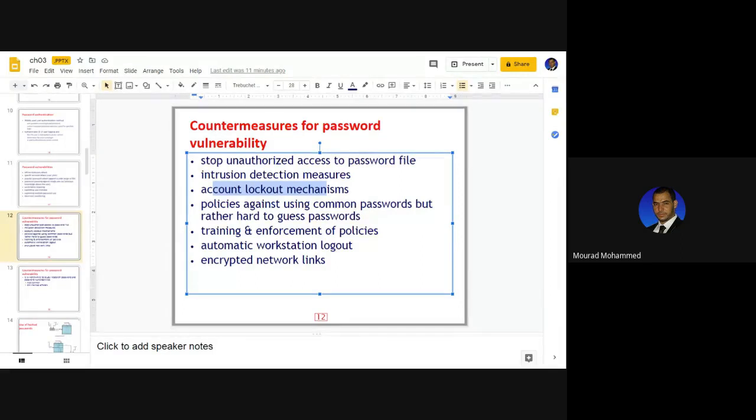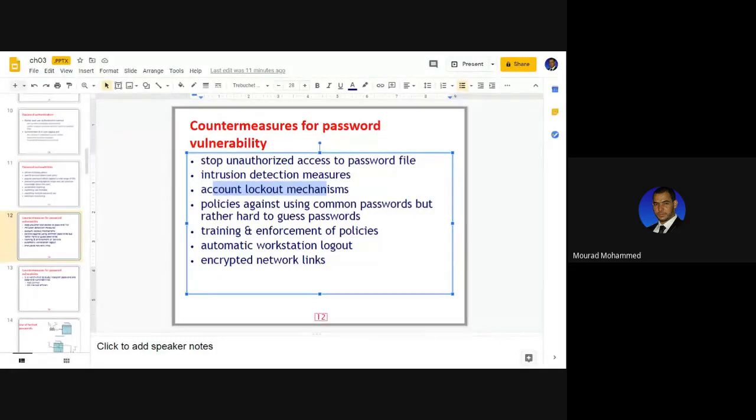For example, take Bank Muscat or any bank here in the Sultanate of Oman. If you make just 5 attempts to log in with wrong credentials, the full account will be blocked because of the errors. So measures like this can help limit the hacking of password-based authentication systems.